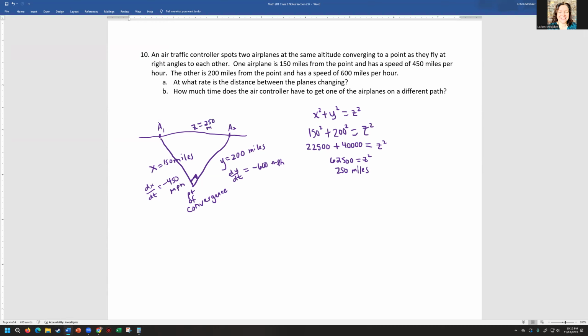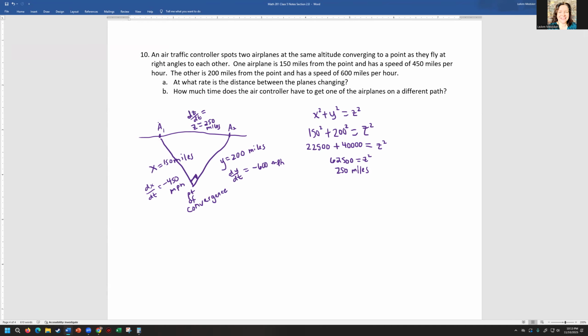250 miles. The question for part A says, at what rate is the distance between the two planes changing? So we're looking for the distance between the two planes. We're going to imagine as these sides shrink, we're going to be measuring that hypotenuse, and it will be shrinking as well. So I'm expecting this to come out negative for the velocity.